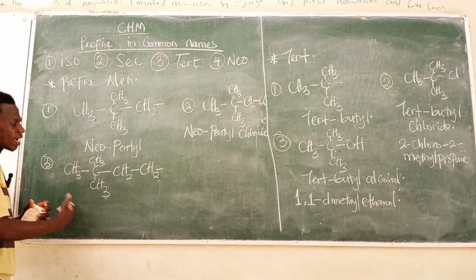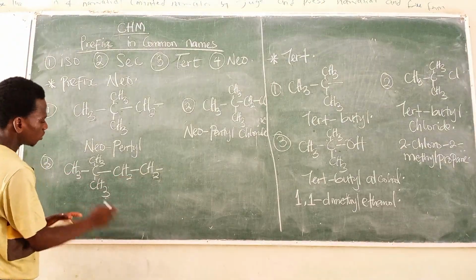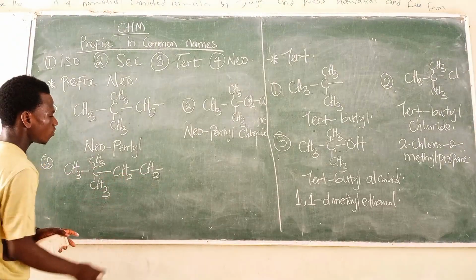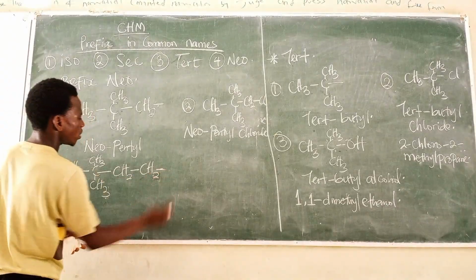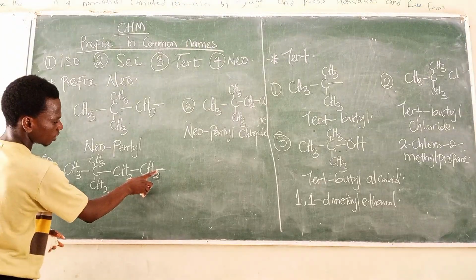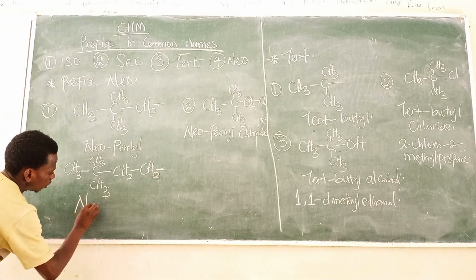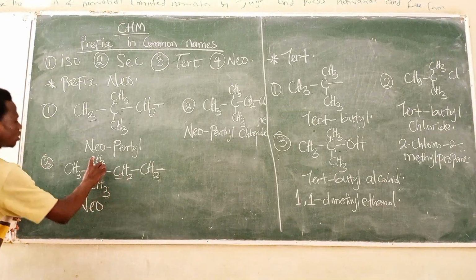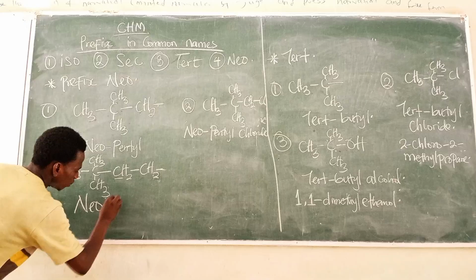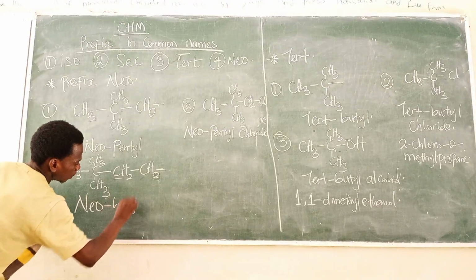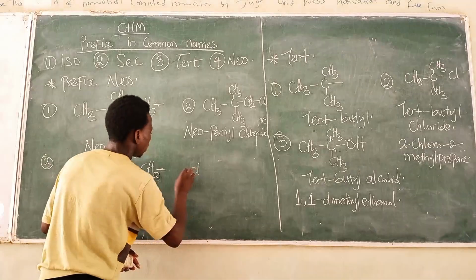For this compound, we have 1, 2, 3, 4, 5, 6 carbon atoms. The last carbon atom is connecting to a parent chain. So the name becomes neo because of the CH2 linkage and 2 methyl groups connecting on the second to the last carbon atom: neohexyl.